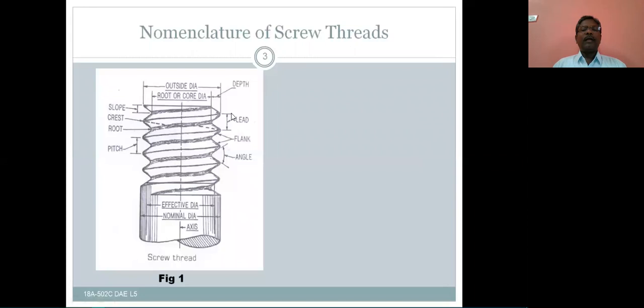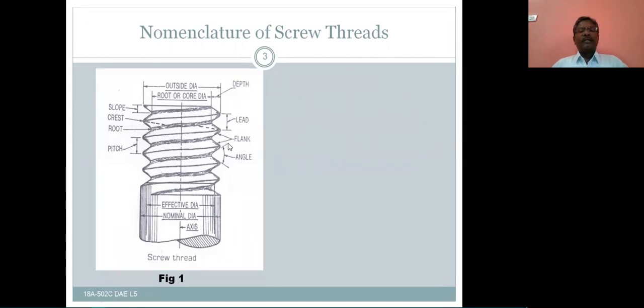And now the lead, which is the distance advanced by the screw into the nut for one revolution, may be equal to pitch. The lead may be equal to pitch in case of a single start thread, whereas for a multi start thread, lead is equal to the number of threads times pitch.